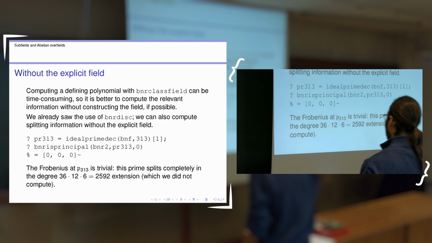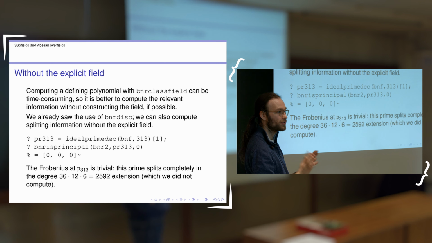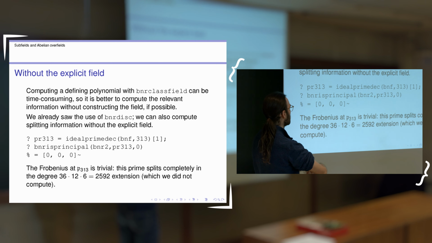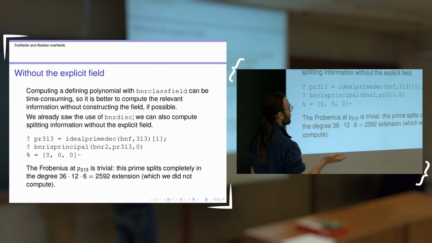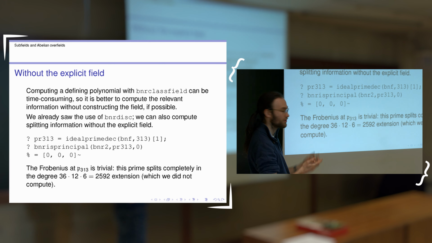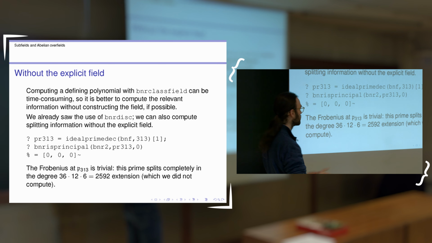Yeah, so another note. Again, if you can compute the information you need without the explicit field, do it. We saw an example with bnrdisc. Another example is the decomposition of primes. You can use class field theory to know the decomposition of primes without actually computing the extension.